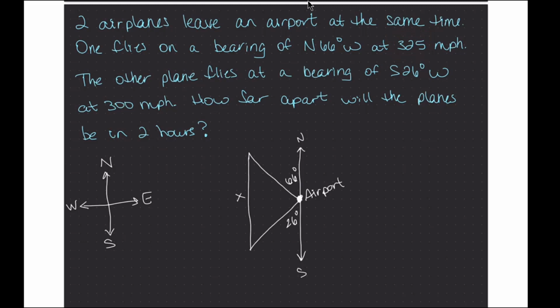So then I know that in 2 hours, this side of my triangle is going to be 650. And then my second plane, who's going southwest, how fast was he going? 300. Yep, 300 miles in an hour. So in 2 hours, he's going to go 600. So I know then this side is 600.